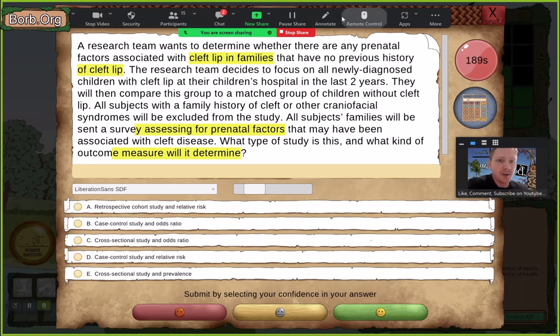So it's a really different order of operations, because you're starting now and looking at risk factors to see what happens later. I said retrospective, but I meant prospective cohort study. Whereas in a case control study, you're looking for risk factors in the past, in the context of people who currently have the disease and people who don't currently have the disease. And that's what I think of when I hear this question.